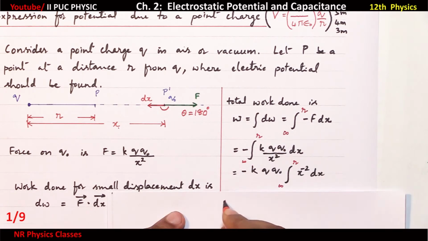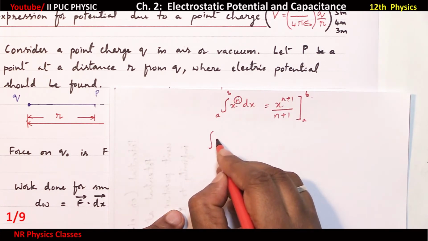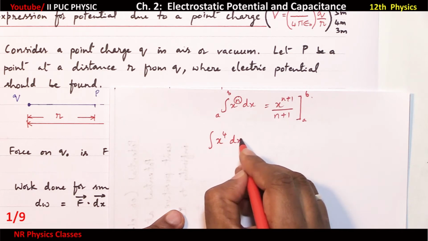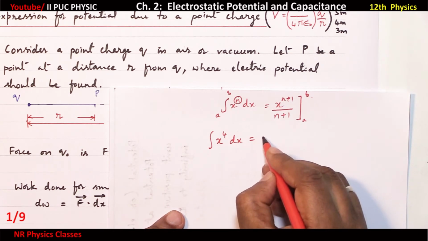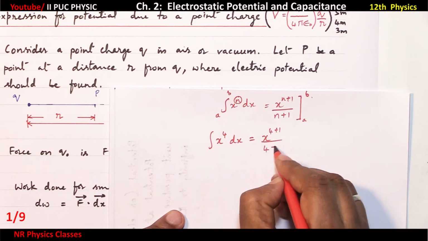We are using this formula. Integration of x to the power of n into dx is x to the power of n plus 1 by n plus 1. Increase the exponent by 1, write the same exponent in the denominator. If limits are given from a to b, then we have to write like this. Limits are from a to b. For example, integration of x to the power of 4 means x to the power of 4 plus 1 by 4 plus 1.